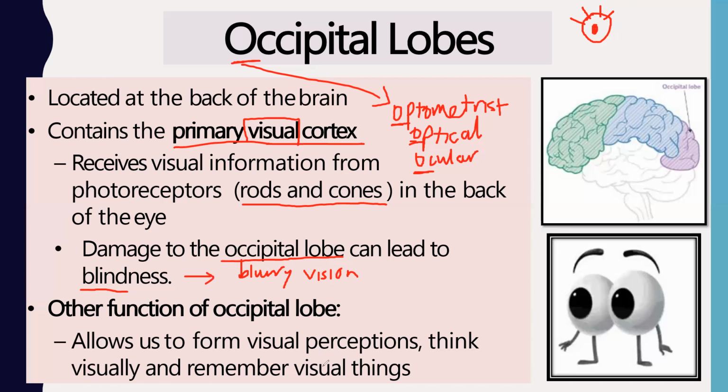Okay. Our ability to visualize things is also a function of the occipital lobe. And this is interesting because people who are blind actually can't visualize things in their mind in the same way that people who have normal eyesight can. So this is really interesting to think about. The occipital lobe also allows us to form visual perception. So let's say you want to redecorate your room.